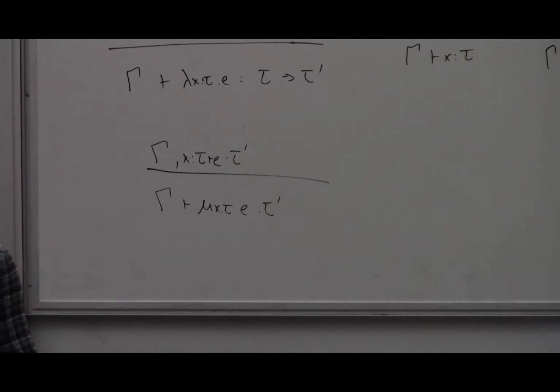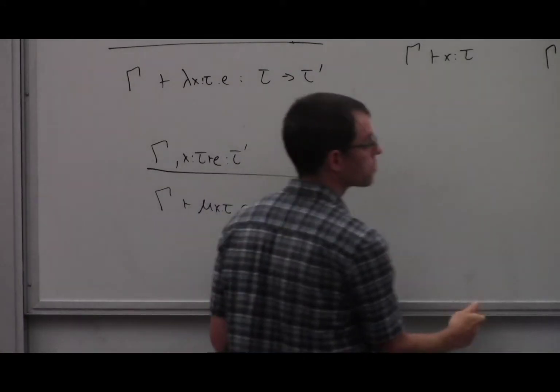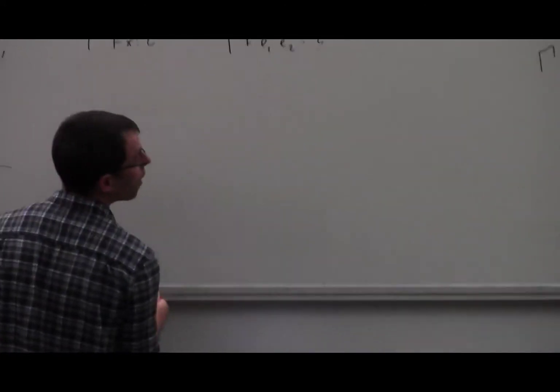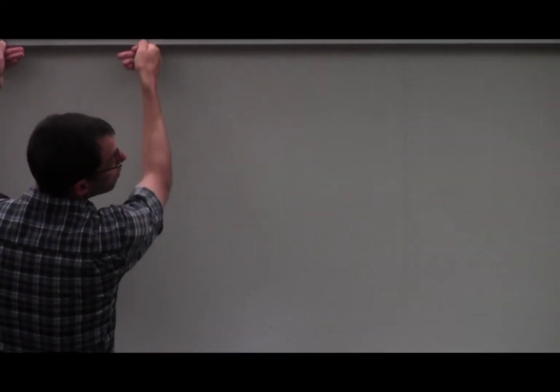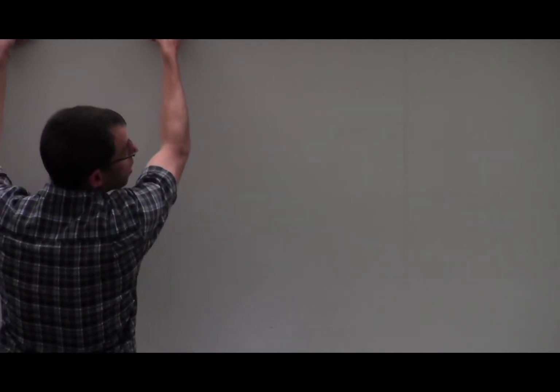So far, so good. Now let's look at the operational semantics. Any questions about the type system? Yeah, about the recursive rule, shouldn't it be tau?